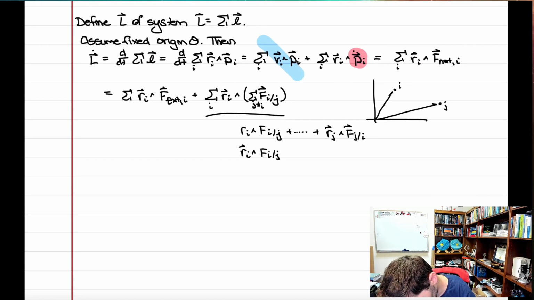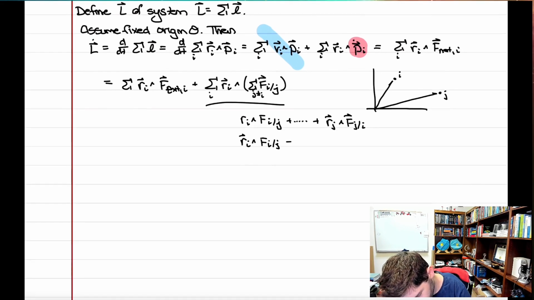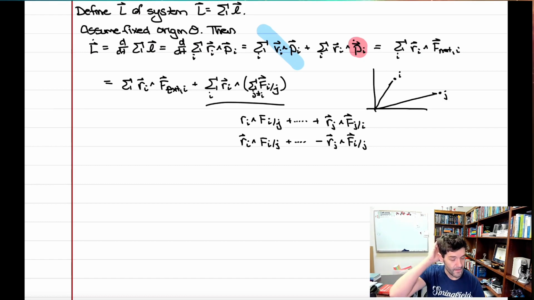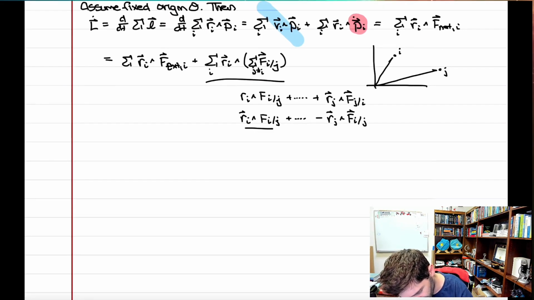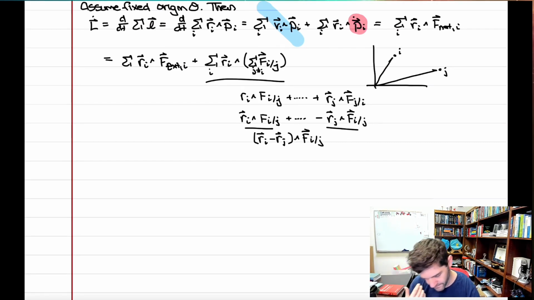Newton's third law will still come to the rescue, because I will use Newton's third law to write this as F of I on j with a negative sign. And now, since I know the cross product distributes, I'm going to try to combine these two terms and write them instead as r_i minus r_j crossed with the force of I from j.